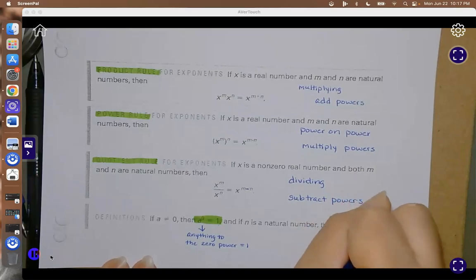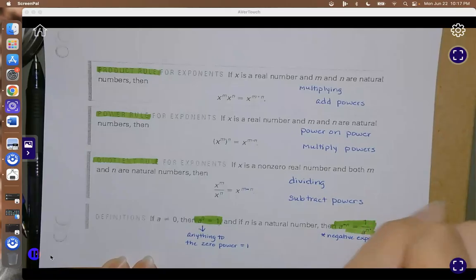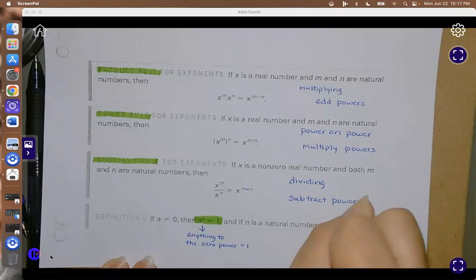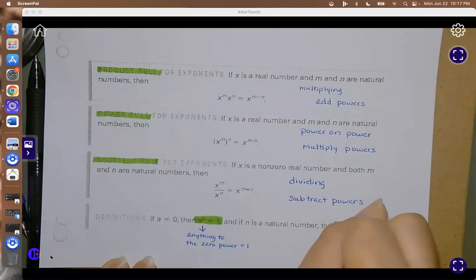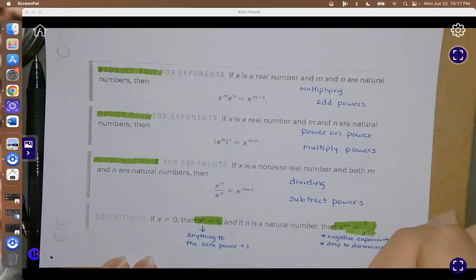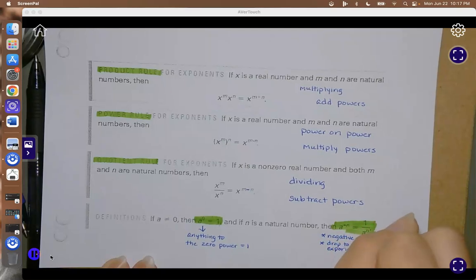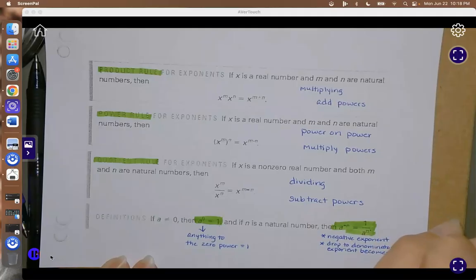This one is when you have a negative exponent. You drop it to the denominator and the exponent becomes positive.